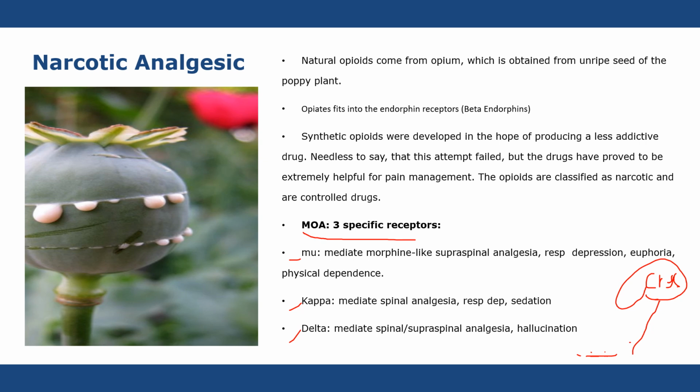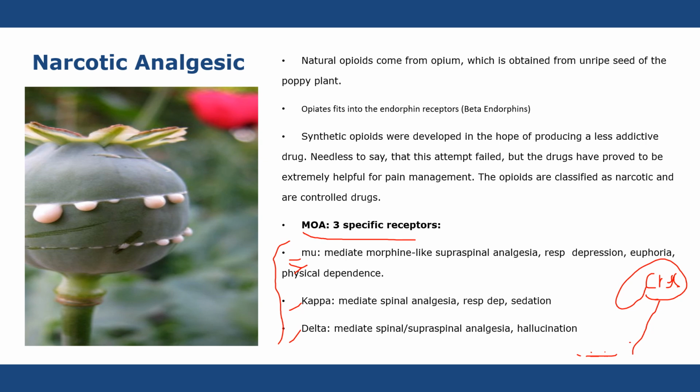These medications, opioids, they will bind at these receptors in a way that if a receptor, let's say mu receptor, is not available because the medication is sitting there, then the pain cannot be registered. There's nothing that you can bind because the receptor is occupied by these medications. So in other words, the brain is not gonna think that you are in pain, or the brain is not gonna register pain.